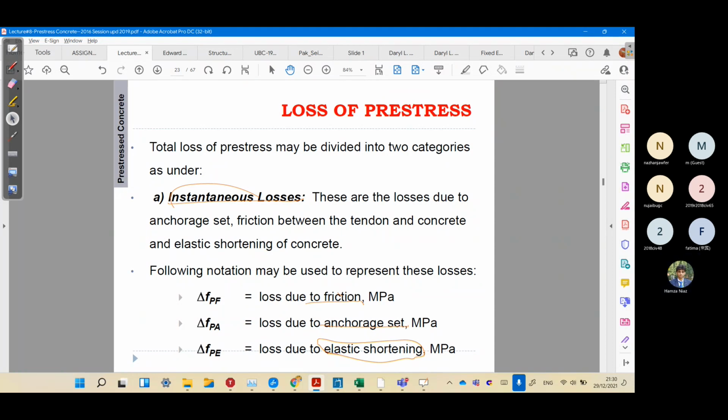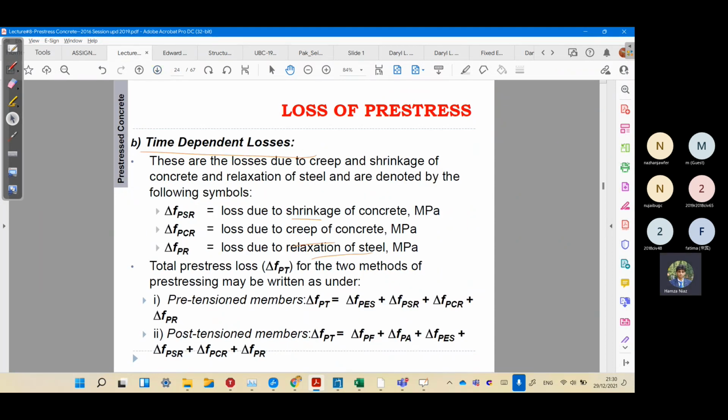Time-dependent losses are due to shrinkage of concrete. After setting, water evaporates from the concrete and leaves behind pores, and this causes shrinkage. Also due to creep, which is a long-term deformation, and due to relaxation of steel.